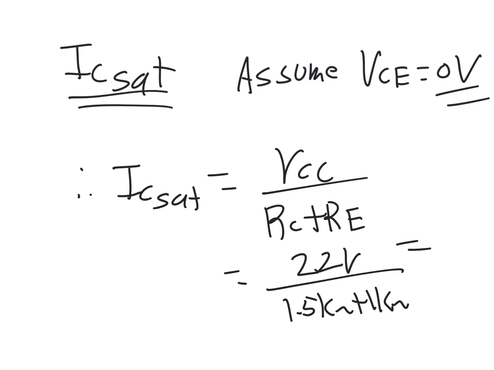So you have basically 22 divided by 2.5K, which equals 8.8 milliamps.